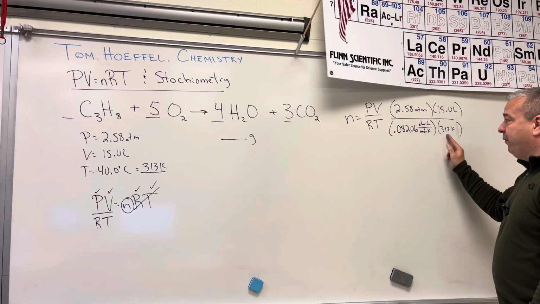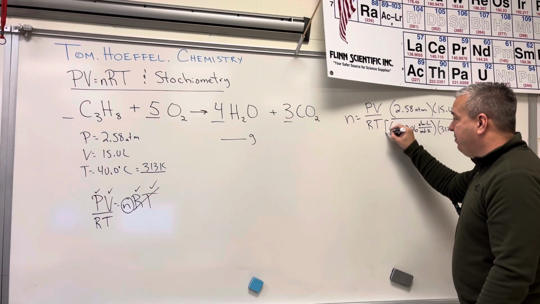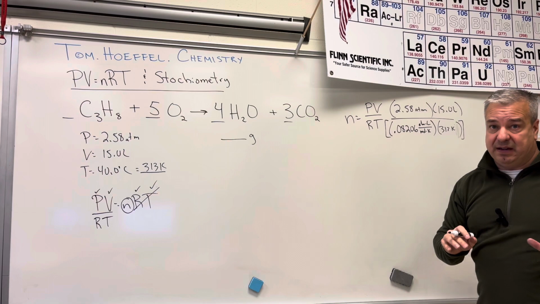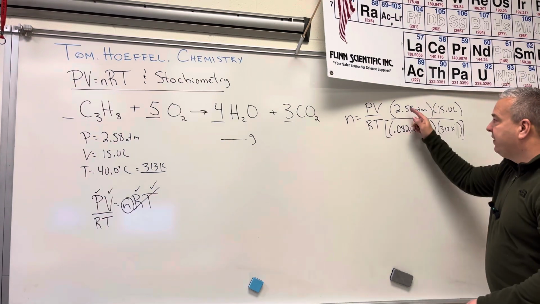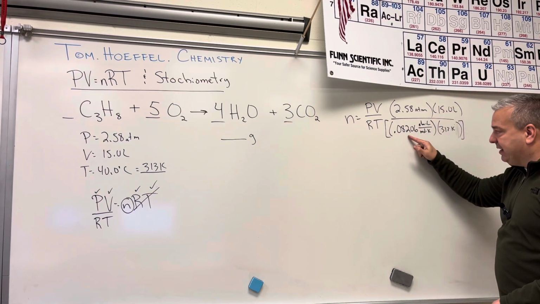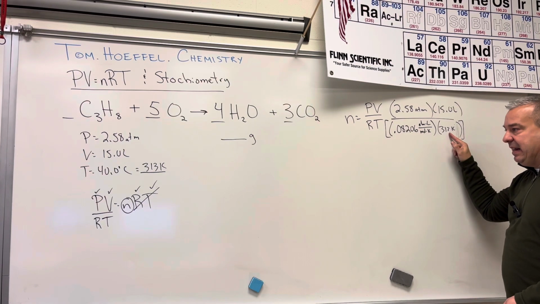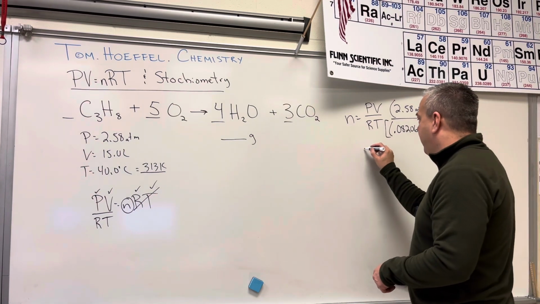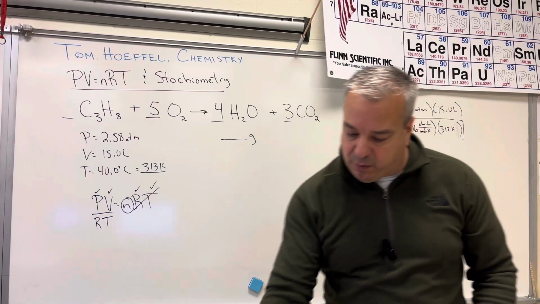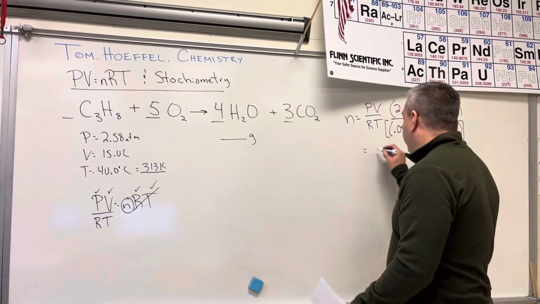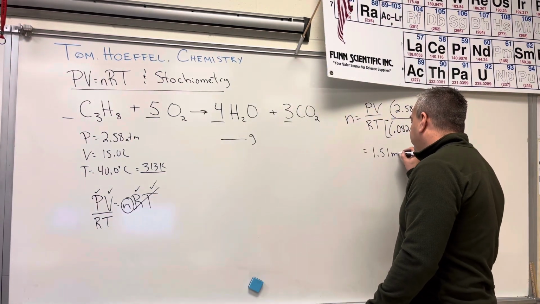If you ever want to multiply these two, you would definitely have to put that into parentheses. So I think it's much easier, this times this, divide this, hit the divide button again, and hit this. And if you get all that, you're going to find out that that works out to be 1.51 moles.